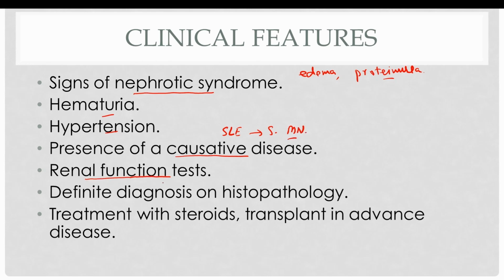Renal function tests denote the functioning of the kidneys, and the diagnosis is established on proteinuria greater than 3.5 grams per day, and the definite diagnosis is based on histopathological studies of the biopsy. Treatment is with steroids and cytotoxic agents, whereas in advanced disease, renal transplant can also be needed.